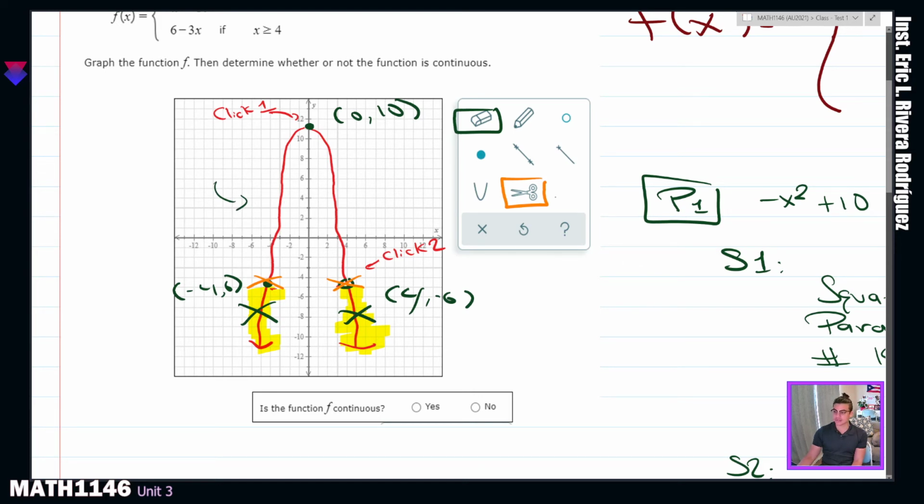If you don't use the scissor tool first, when you erase one part, you are going to erase everything because they are attached together. You need to use the scissor tool first in order to separate the parts of the graph. Is that clear? Any question on that?